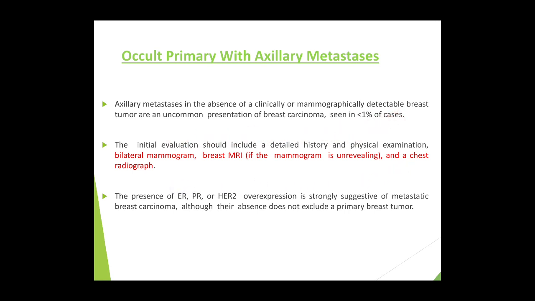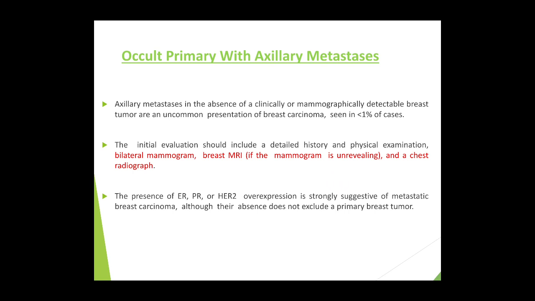The initial evaluation should include a detailed history and physical examination, bilateral mammography, and breast MRI if the mammography is unrevealing. MRI identifies the primary tumor in the breast in a significant number of patients with a normal mammography and breast examination.